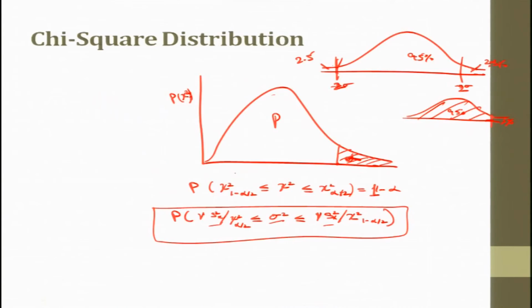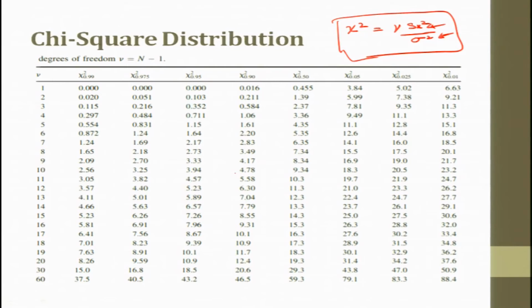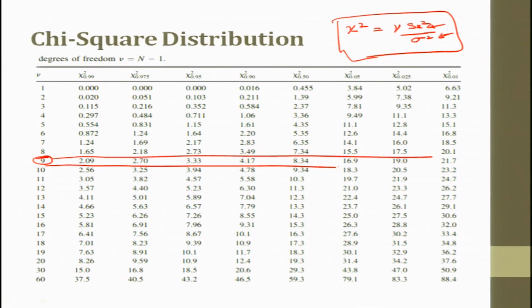Okay. Now let us see the chi-square table. First we need to select the degrees of freedom, which is 9. So this is the row that is selected. We have chi-square distributions for different levels of significance here.